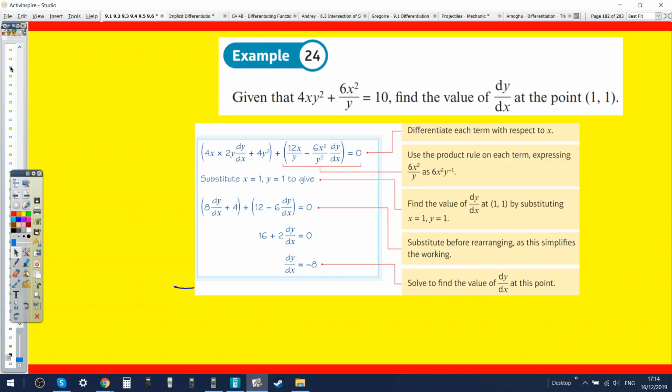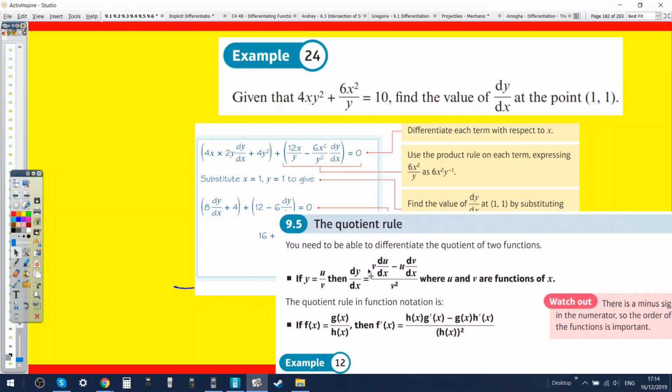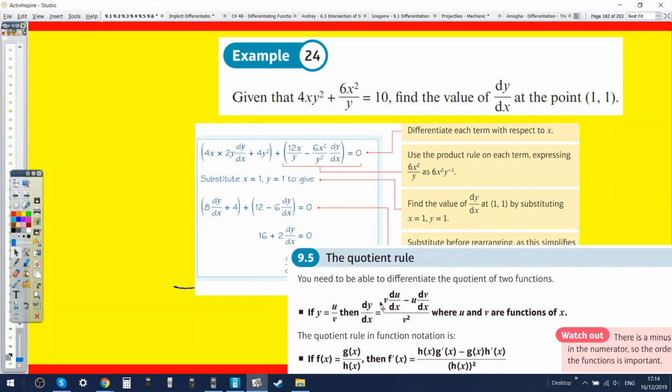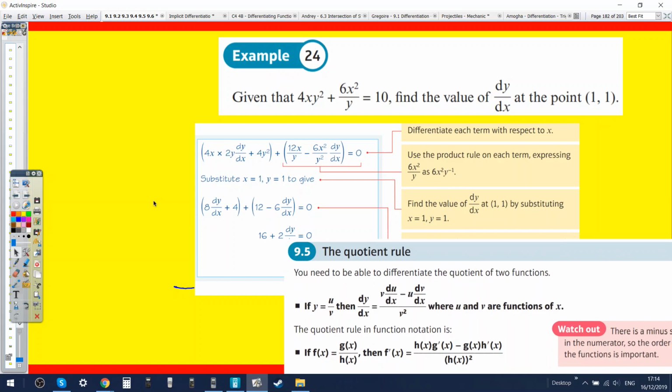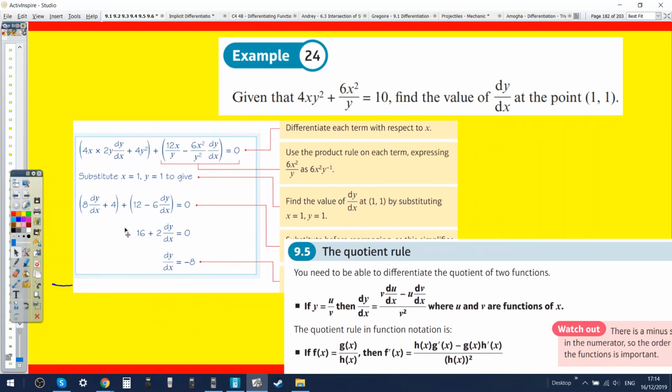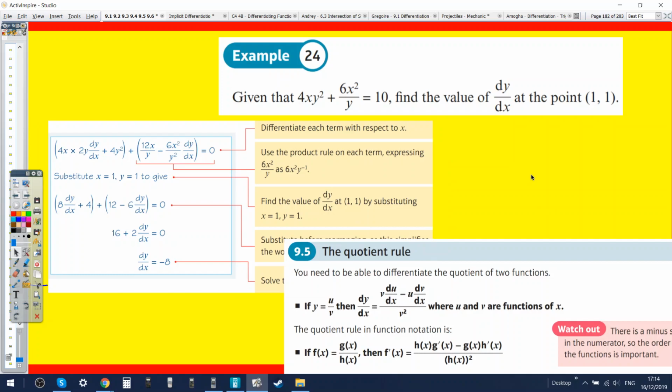So v du dx. All right, I'll try to remember.